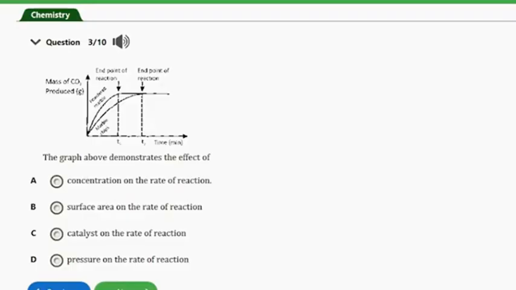The first reaction is that of marble powder, that's powdered marble, and the second one is that of marble chips. You notice that the powdered marble has a higher rate of reaction since it has a larger surface area compared to the marble chips. So guys, this illustration is actually showing the effect of surface area on the rate of reaction. That's option B.